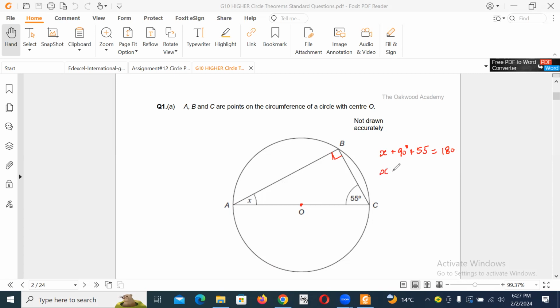So here we have X plus 90 plus 55, that is 145, equal to 180. So X equals 180 minus 145, which is 35. That is the angle. So we move on to the next question. Hope it is clear.